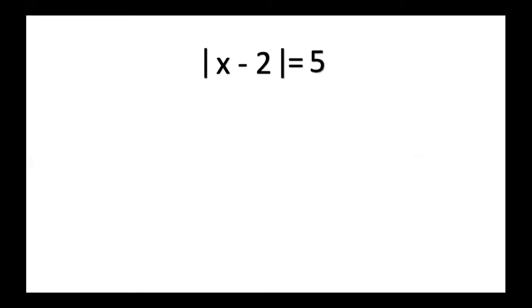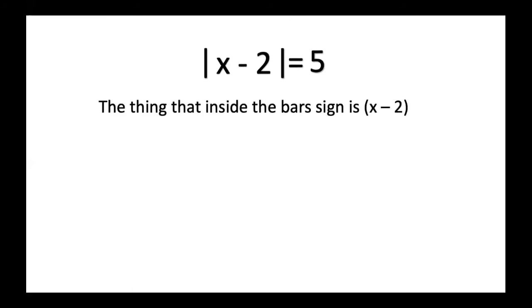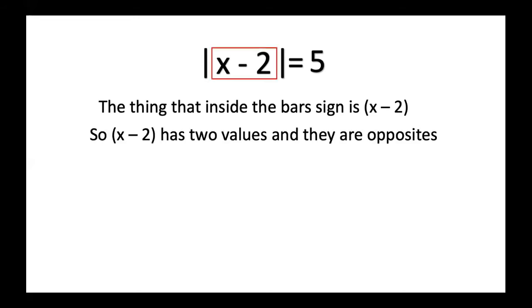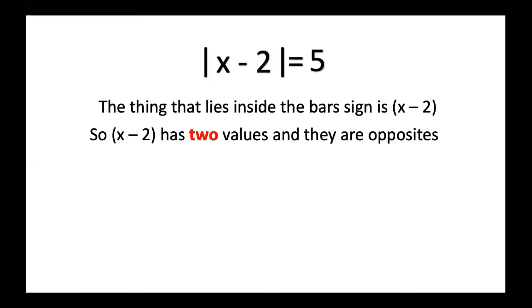Now, let's solve this equation. Remember that the thing inside the bar sign is x minus 2. So x minus 2 has two values and they are opposites.